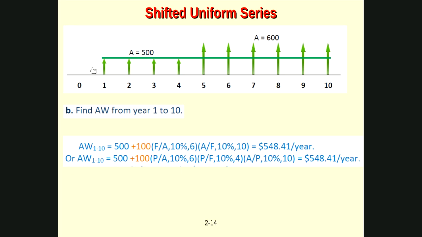Okay, in the present, it's why I selected the present, because it's similar to Ali's explanation. Ali was going to explain that he said we are going to convert the values of the 500 from year 1 to year 4 to year 0 as we did previously, and then also the 600 from year 5 to year 10, we are going to convert it to a present year to year 4 first, and then we move it to year 0.